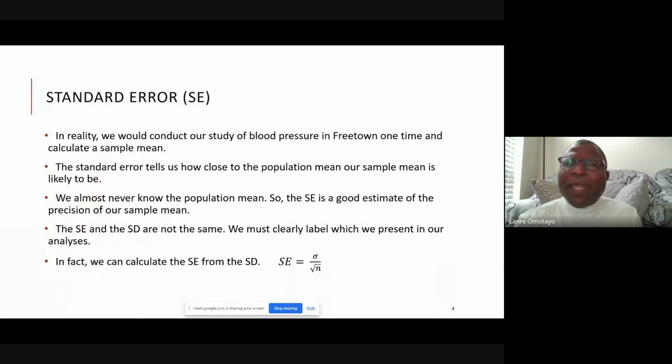So in the previous class that you attended, you must have learned about the standard deviation. The standard error is essentially the standard deviation divided by the root of n, where n is the size of the sample.